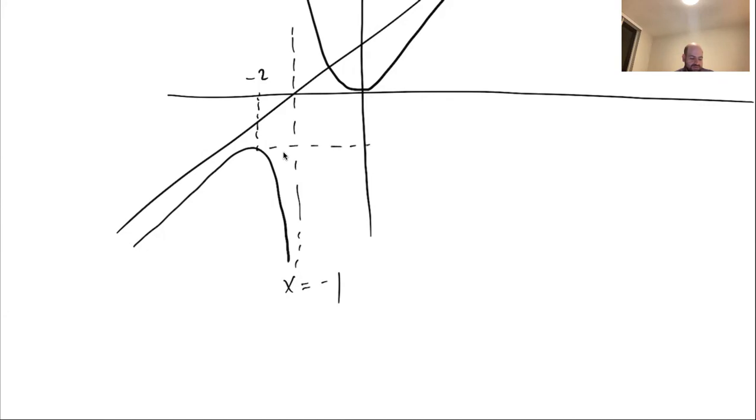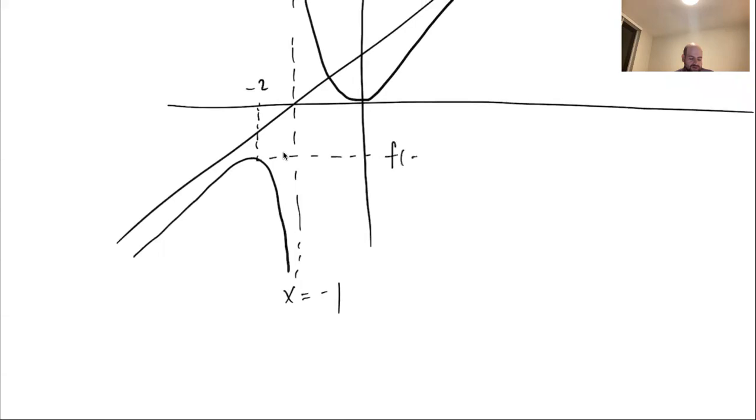How much is the y value here at -2? We just need to find f of -2, which is going to be how much? 4 divided by -1. It's -4. Okay, so here you have a local maximum.